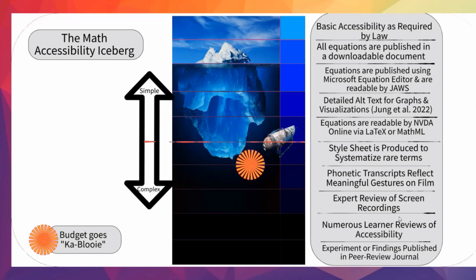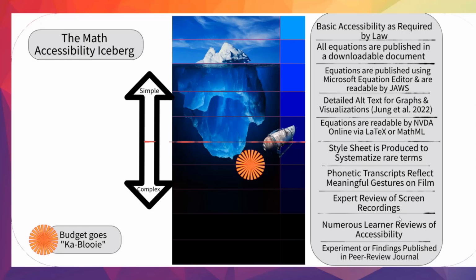So at the top of the iceberg, you might have basic accessibility as required by law, and you might publish your equations in a downloadable document. It'd be even better if these equations are published using Microsoft Equation Editor and are readable by JAWS, the most popular screen reader that is used according to these WebAIM survey reports.